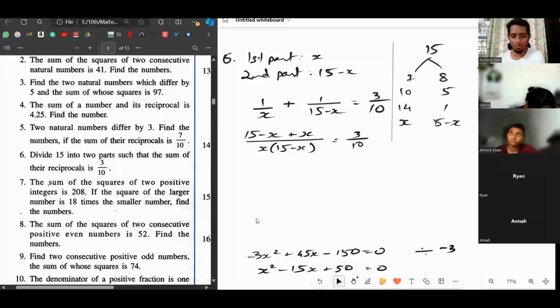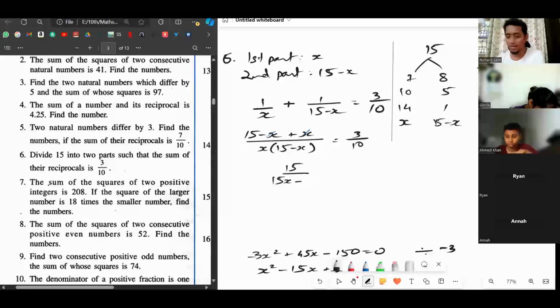Then minus x plus x becomes 0. So we have only 15 upon x into 15 is 15x minus x into x, which is x square, equal to 3 upon 10.